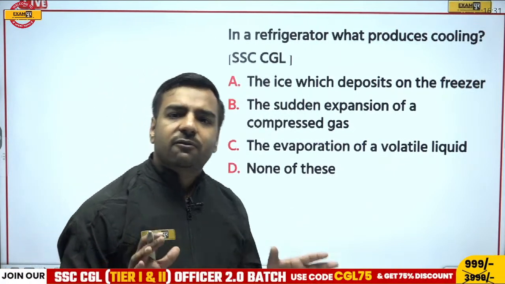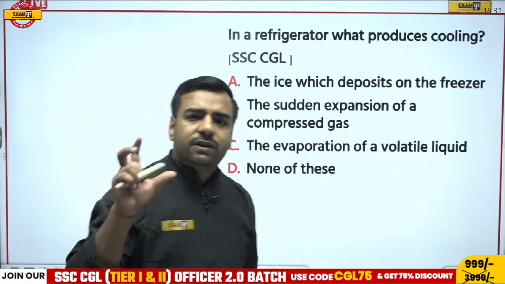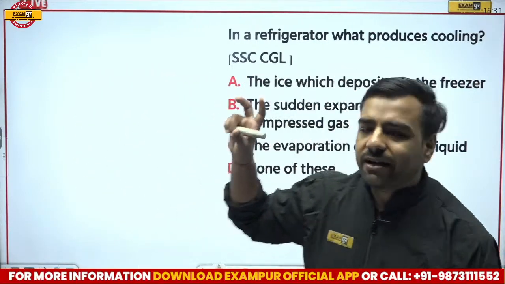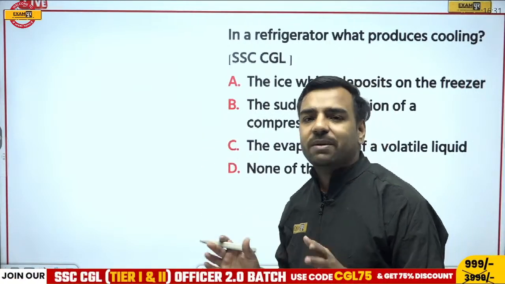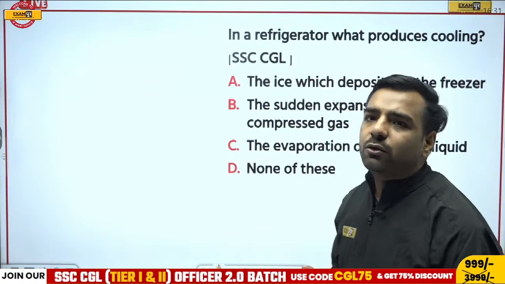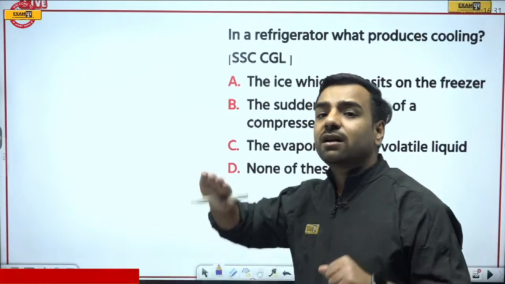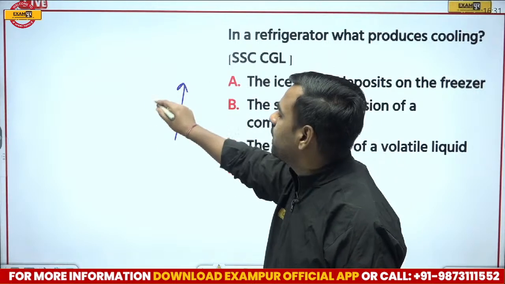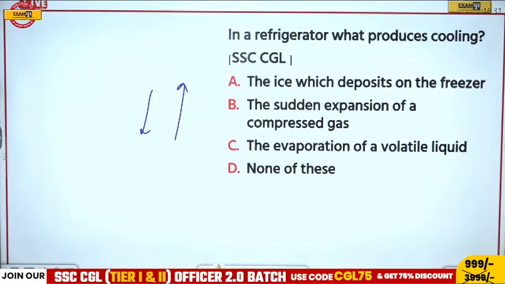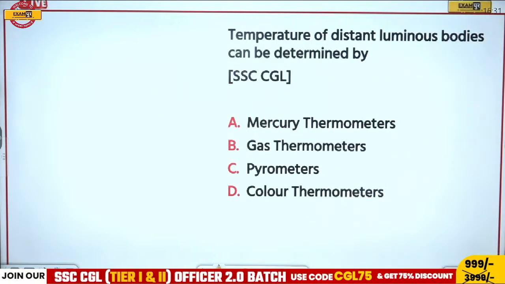In our fridges, we have that particular area in which we have gases in the compressed form. When it is released, the sudden expansion is actually giving you cooling. And those cooling units are present in the upper part. Why? Because hot air rises up and cold air settles down. So here option number B, that is sudden expansion of a compressed gas, would be the correct answer.